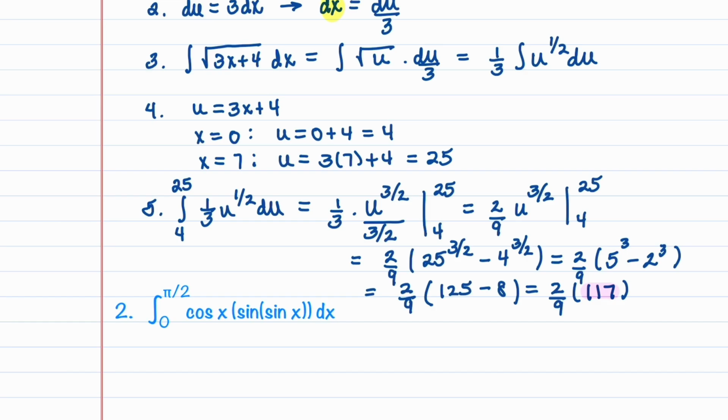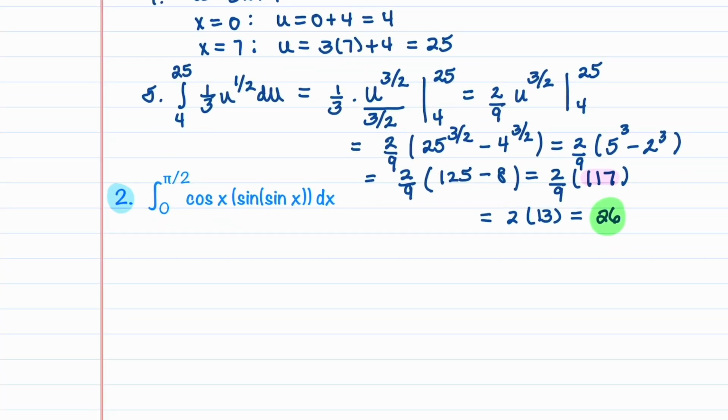And that's divisible by 9, so you know that 9 goes into 117. I just think that's a fun trick. This gives us 2 times 13, since 9 goes into 117 13 times, and we get an answer of 26. Remember, whenever you are computing a definite integral, you're always going to get a number.